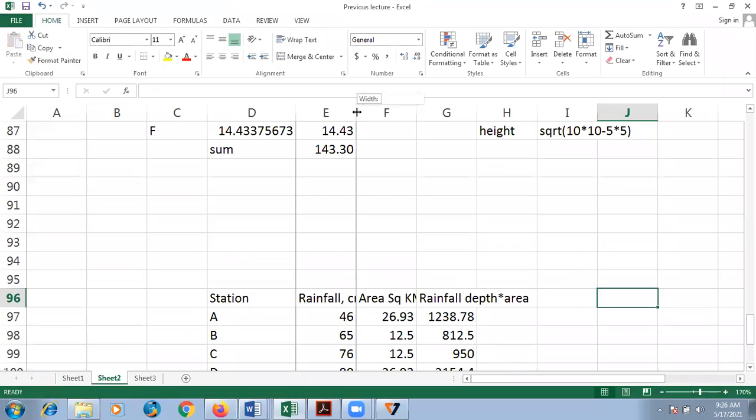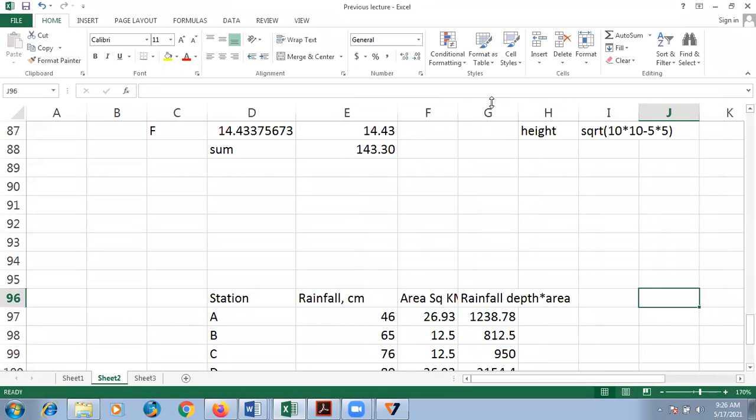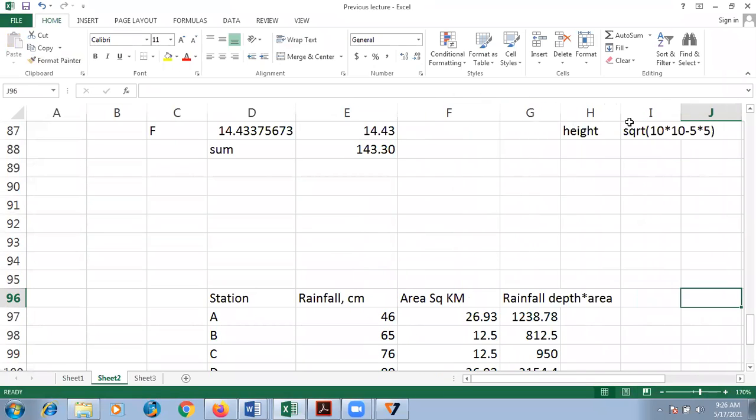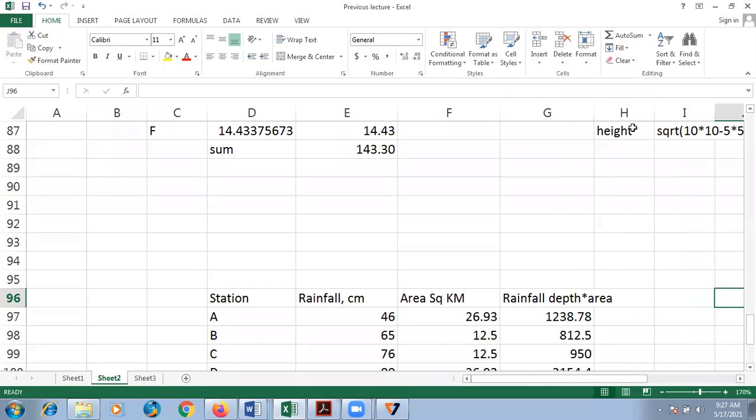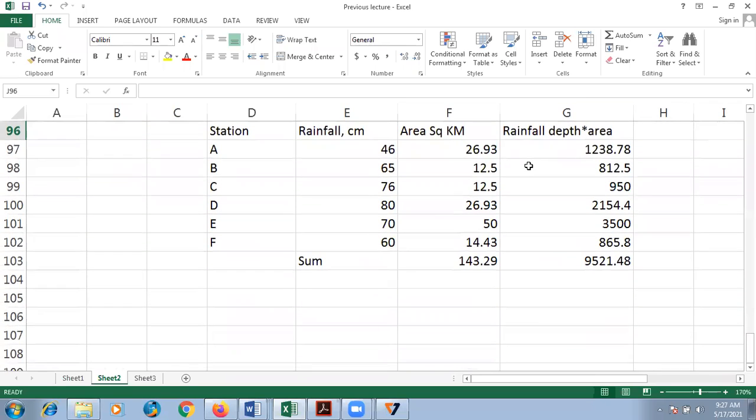Let me expand this a bit so that everything is clearly visible.